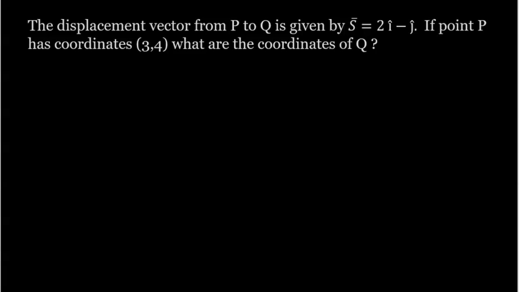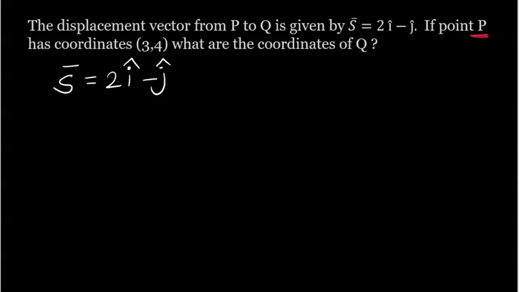So the displacement from P to Q is given by the displacement vector 2 i cap minus j cap. If point P has coordinates 3, 4, what are the coordinates of Q? Now here the question is slightly changed, right? Here the displacement vector itself has been given to us, which is s bar, which is 2 i cap minus j cap, and point P's coordinates are given to us.